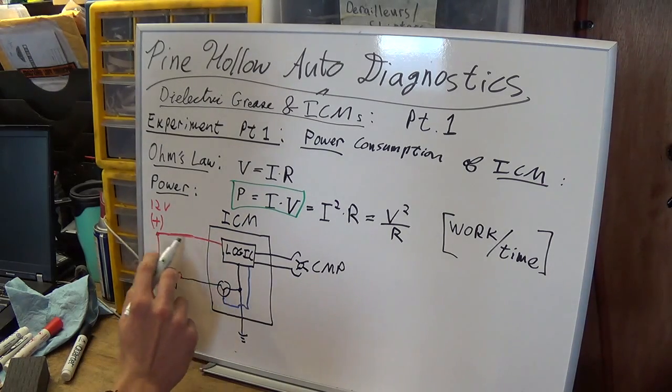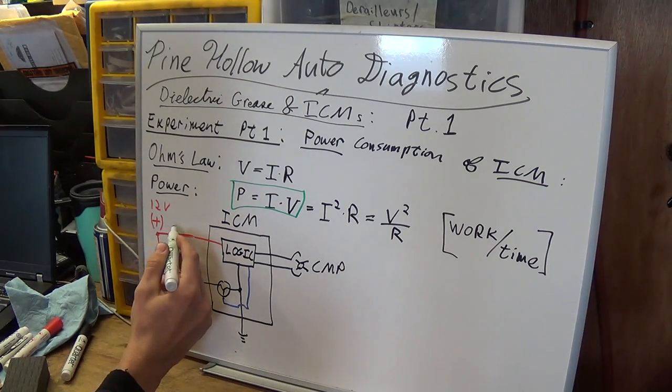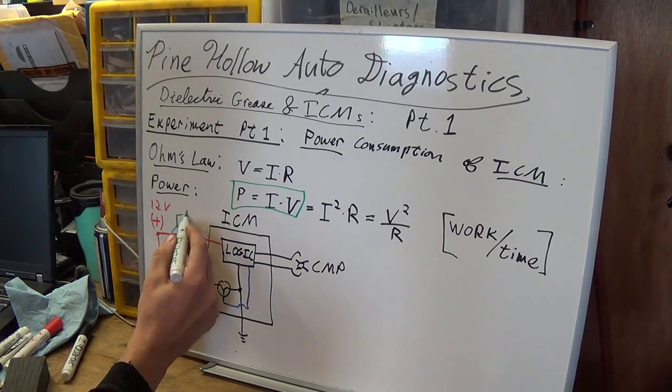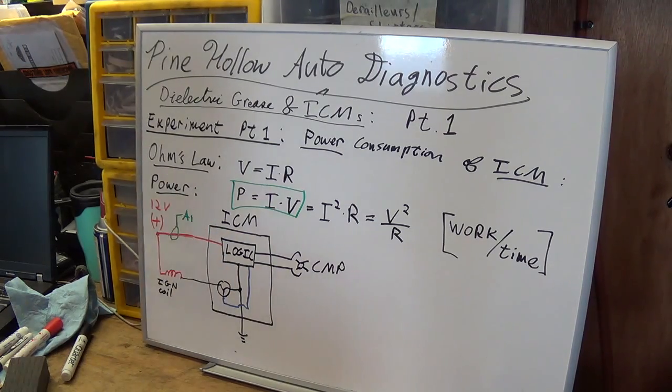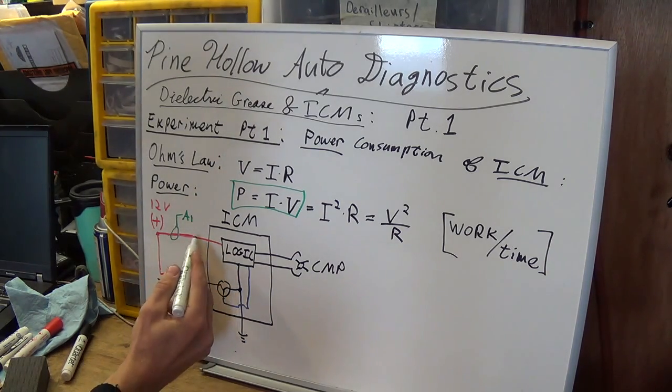So on this leg of the circuit, first we're going to measure current around that wire. This is going to be our first current measurement. Then we also need to measure the voltage on this wire, so from here, voltmeter to ground.